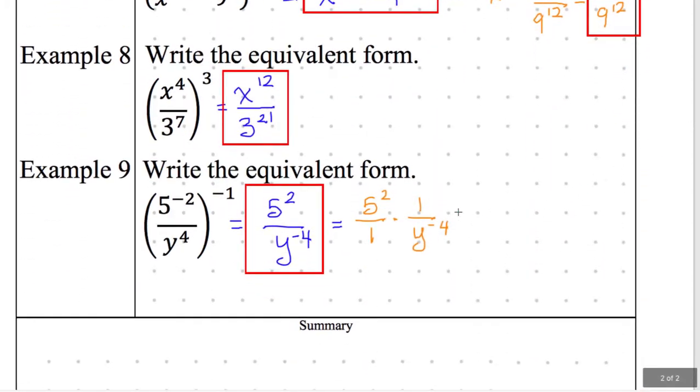So now I'm going to rewrite this and say it's still 5 to the power of 2 over 1, I'm not going to write the 1 though, times, and now this is going to be a y to the positive 4. I took the reciprocal of this second part right here. And there's my new equivalent form that Jose gave us.